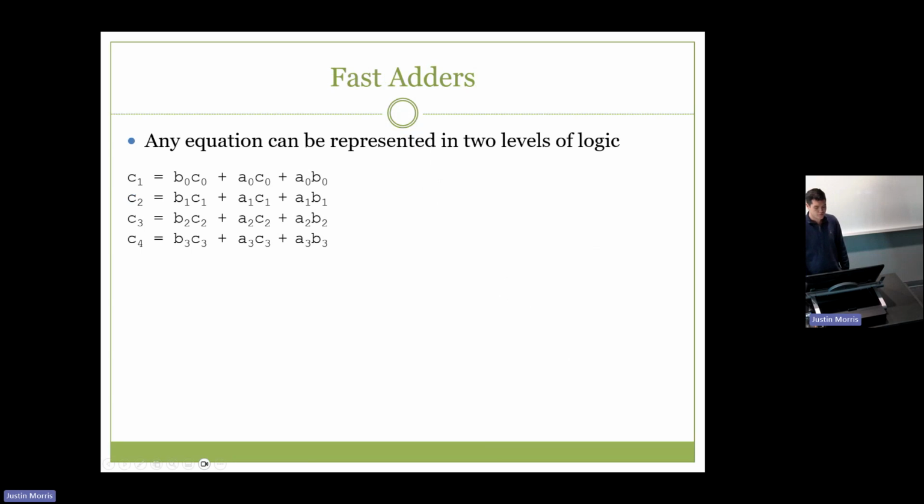So we can create a faster adder by using our 2-level logic equations. You have the truth table for the carries. You have all of the bits in terms of input that you need in order to calculate those carries. So you can implement them with 2-level logic, right?